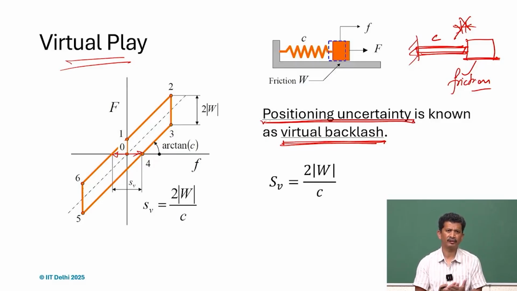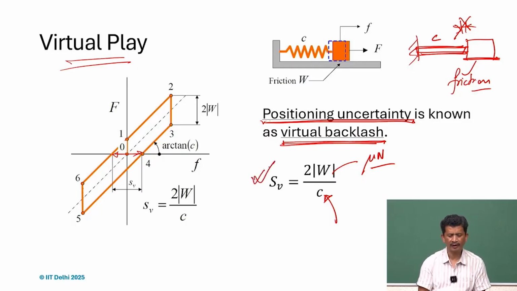So whenever there is friction involved, or if there is a sliding contact, because of the mu, so many times this is mu N, the coefficient of friction and the normal load. So if the coefficient of friction between the surfaces is involved, and there is limited stiffness of the connecting member, we will always have play.